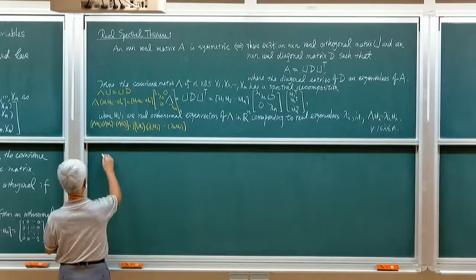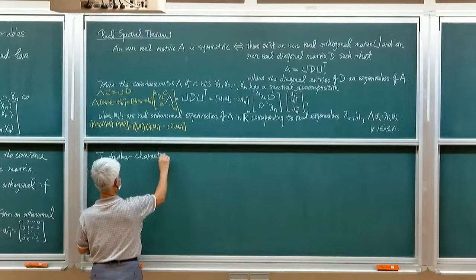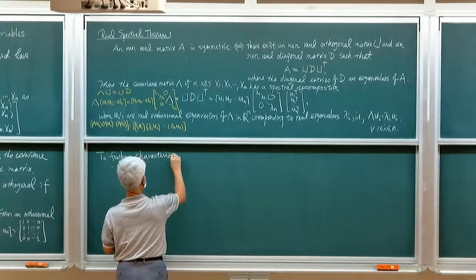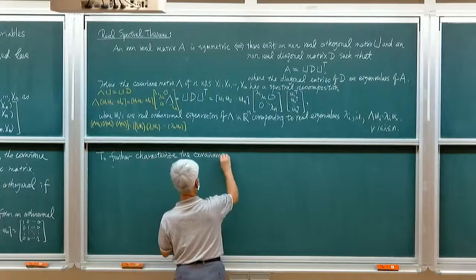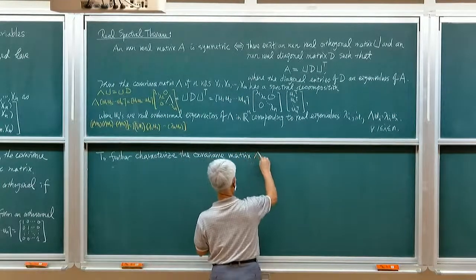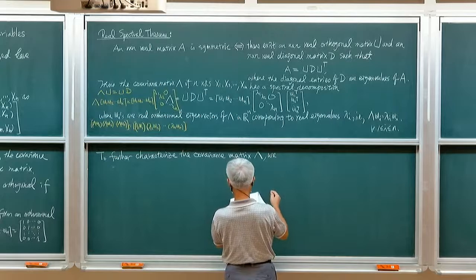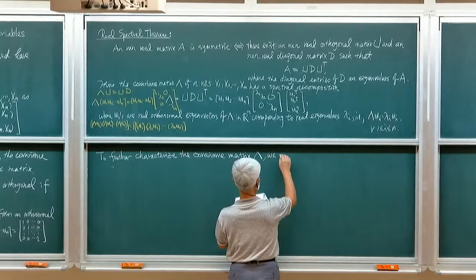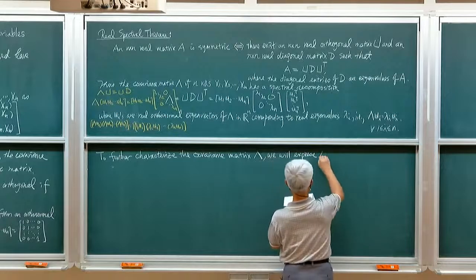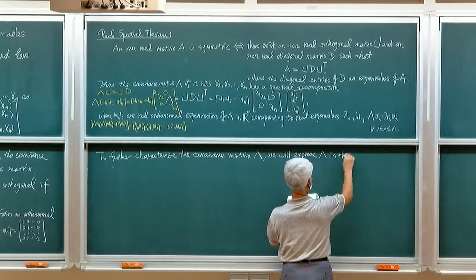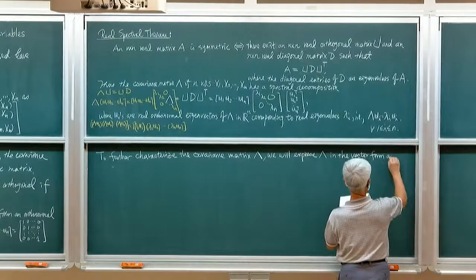Okay. And to further characterize the covariance matrix Lambda, we will express Lambda in the vector form as follows.